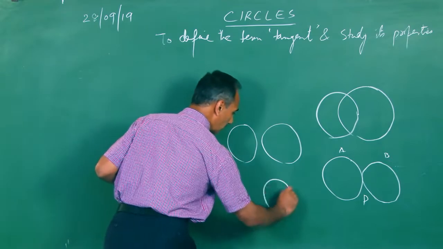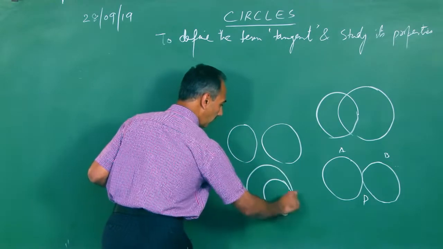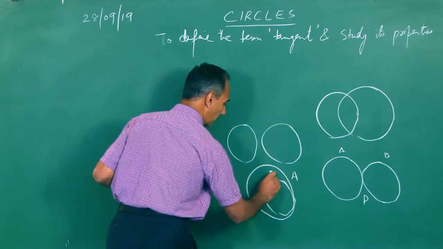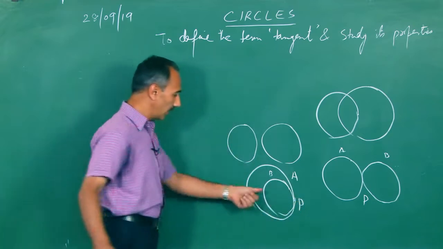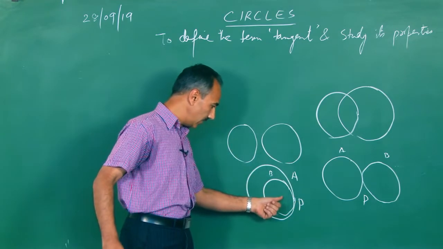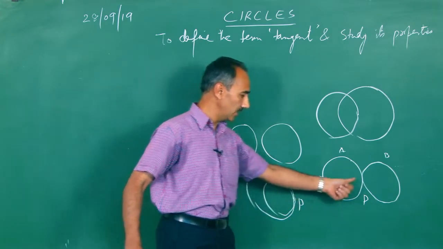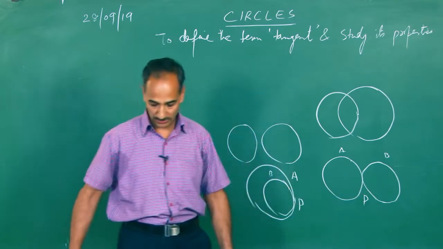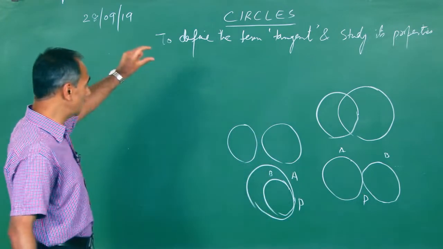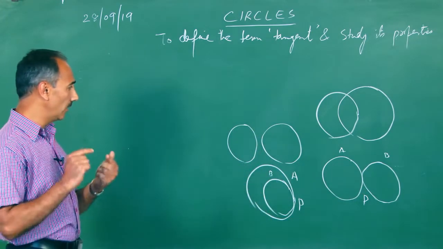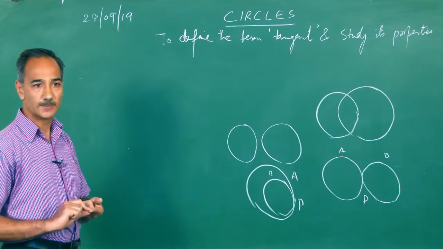Now here also circle A and circle B are tangent at point P. What's the difference? Here they intersect internally and here they intersect externally. So the word tangent means when two curves intersect at a point.